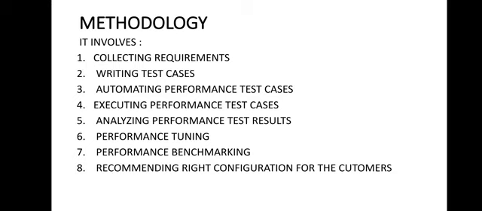So methodology is one thing, but when we talk about capacity planning, then we have to think a lot. So a lot of factors are there when we go for the last step, that is capacity planning. So let us understand what is the basic process behind that.